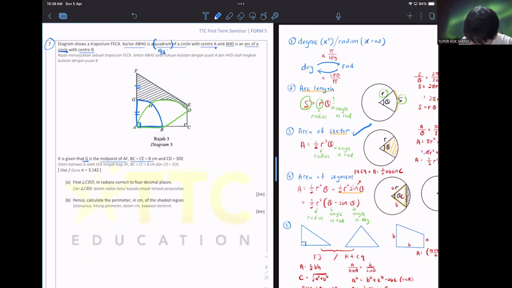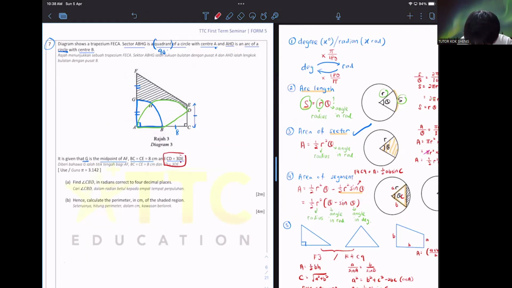Last two, BC and CE equals 8. Where's BC? BC here, and this CE. 8. And CD equals 3DE. So from the last info, you can get the ratio.